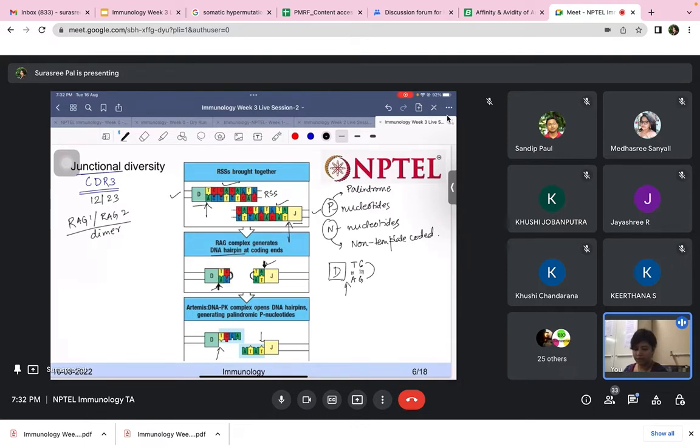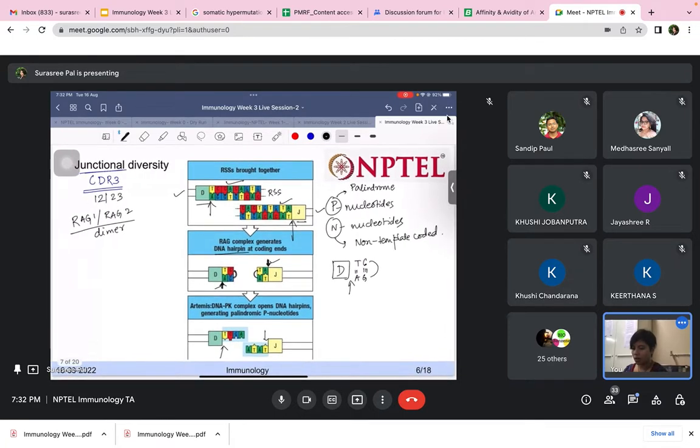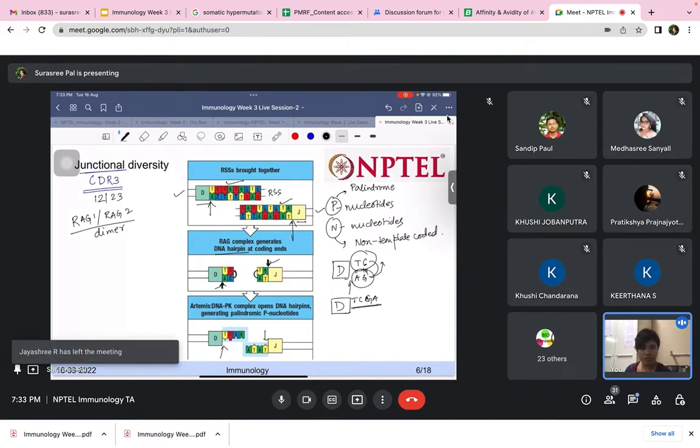And when the Artemis DNA-PK complex cleaves at this particular point, what happens is this actually opens up and goes TCGA, right? So this is what you can see, this TC and AG, they are complementary nucleotides, right? So they actually come together on the same strand. So here you can see how the DNA hairpin will be cleaved.